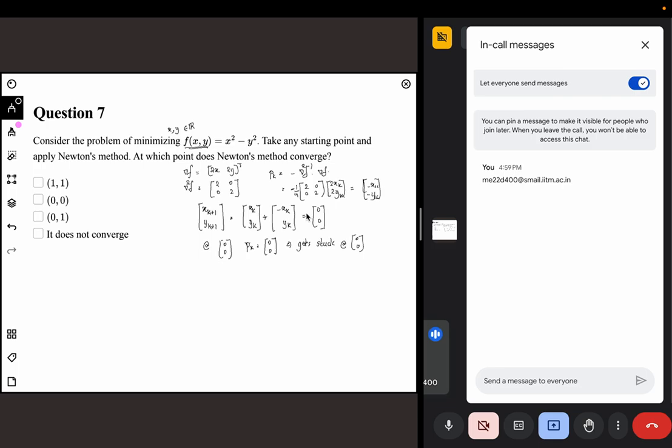So the Newton method is converging to this particular value 0, 0. But is it the true optimal? If you want to minimize this function, I can always choose say x equal to 0 and y equal to 10 or something. Then this particular value will be less than that. So the minimum will be somewhere else. But still, if I use Newton method, it is converging to 0, 0.